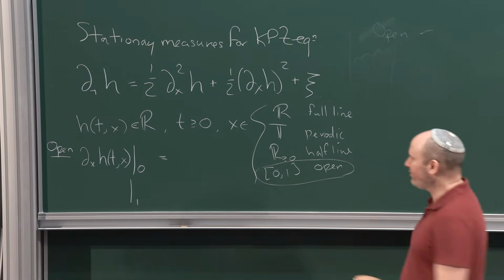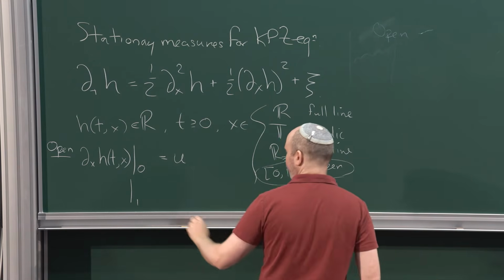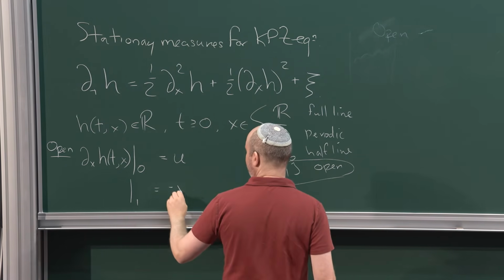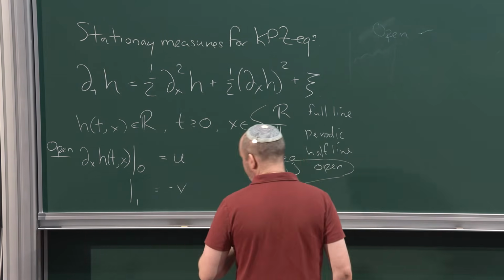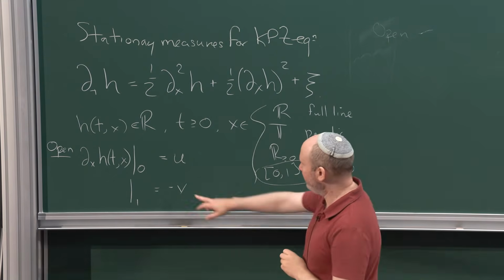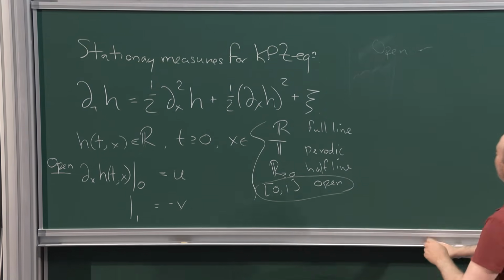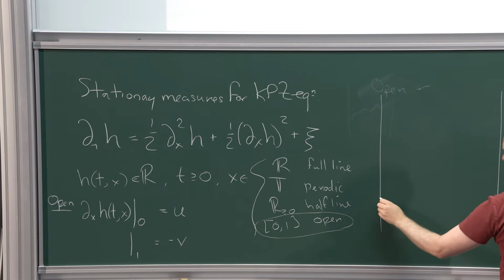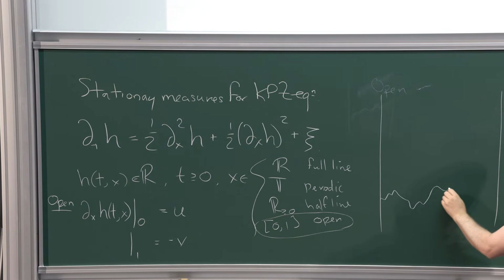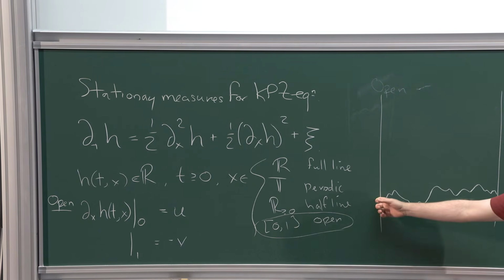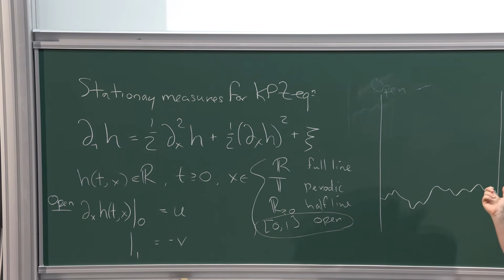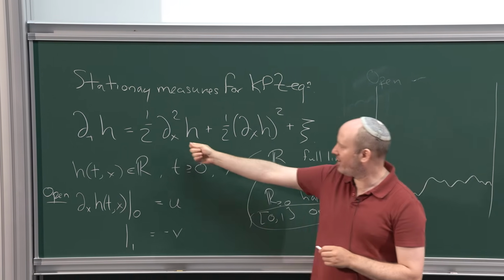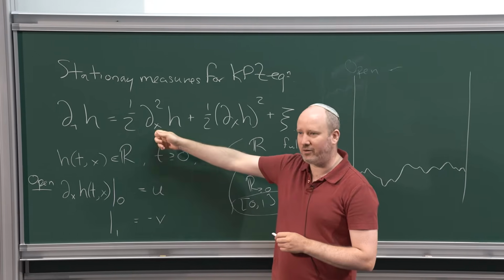So here you have two parameters, say u and v, and for some conventions we want a minus v. What this means pictorially is the following. Imagine that you start with some interface. You don't even need the interface to start with the right slopes at 0 and 1, because this PDE is smoothing you out locally.